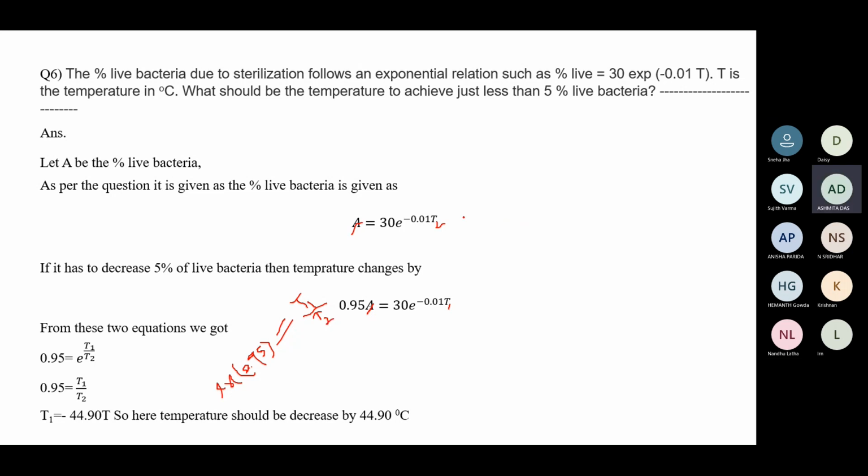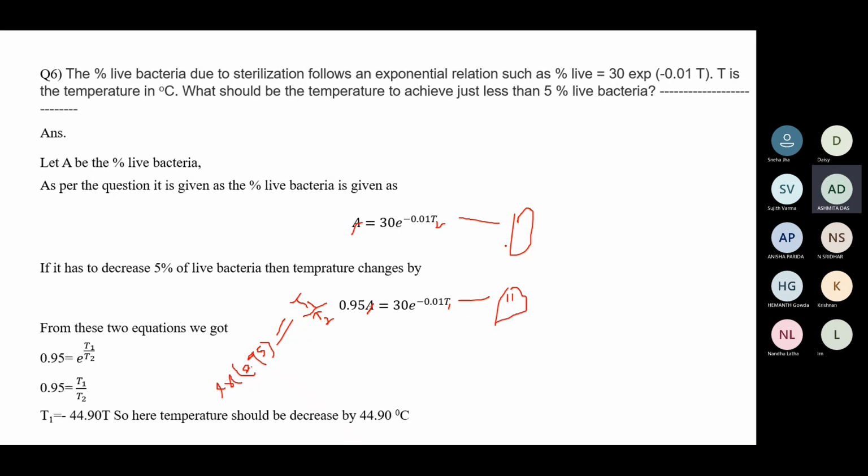We consider this as equation 1 and this one as equation 2.